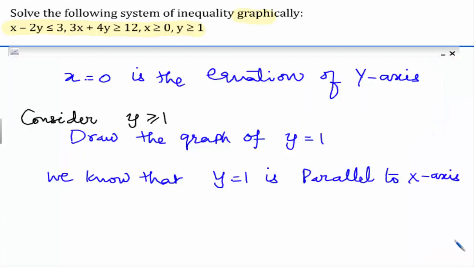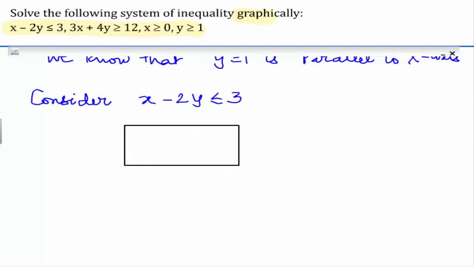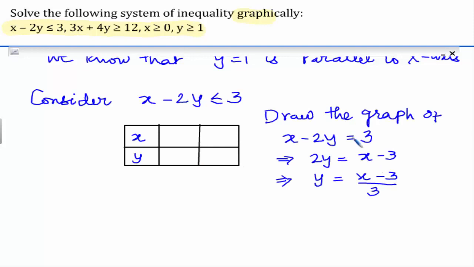Now let us consider the inequality x minus 2y less than or equal to 3. Now let us prepare the table for this. Before preparing the table, we have to select the equation, that is x minus 2y is equal to 3. If we convert into y is equal to mx plus c form, we get y is equal to x minus 3 by 2.